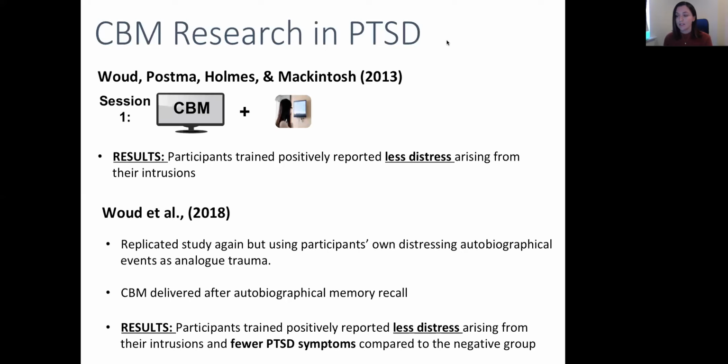However, there was a significant difference in intrusion distress, with those trained positively reporting less distress compared to those trained negatively. Further, the training also showed that those trained positively had fewer PTSD symptoms compared to the negative group. And this was measured by the Post-Traumatic Stress Disorder Checklist, which is a self-report questionnaire analysing PTSD symptoms.